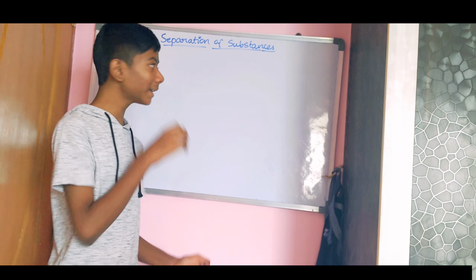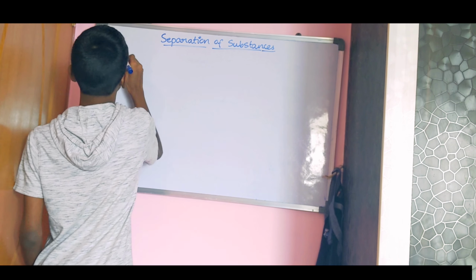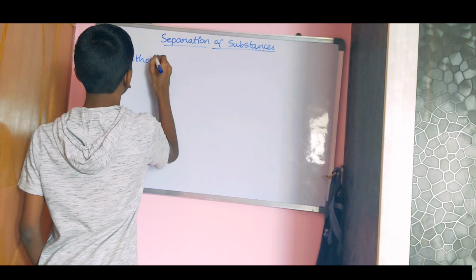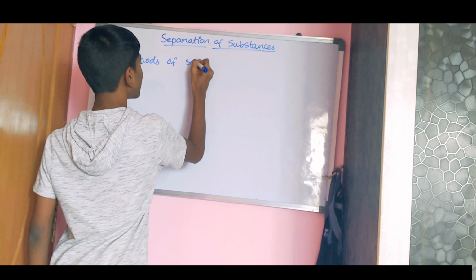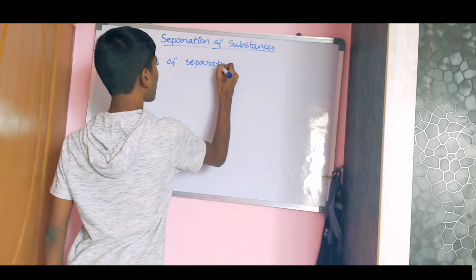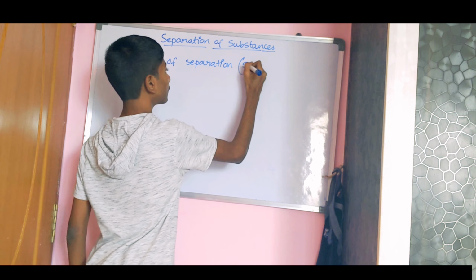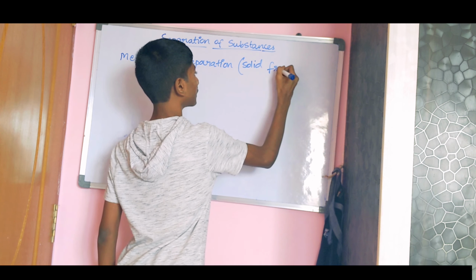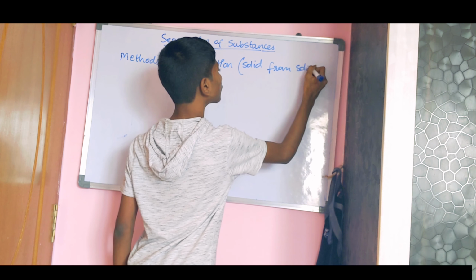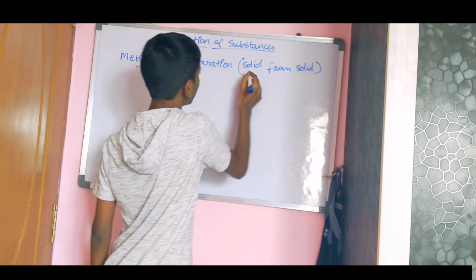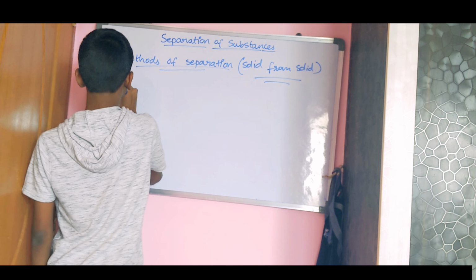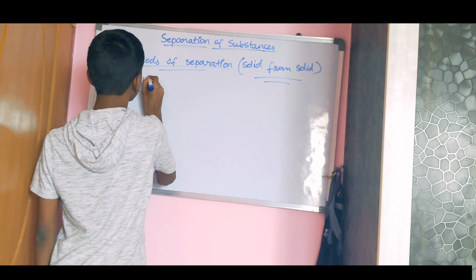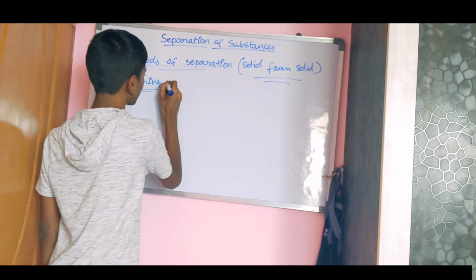Now let us see different methods of separation. Methods of separation: solid from solid. So first method is threshing. Threshing is done by farmers mostly.